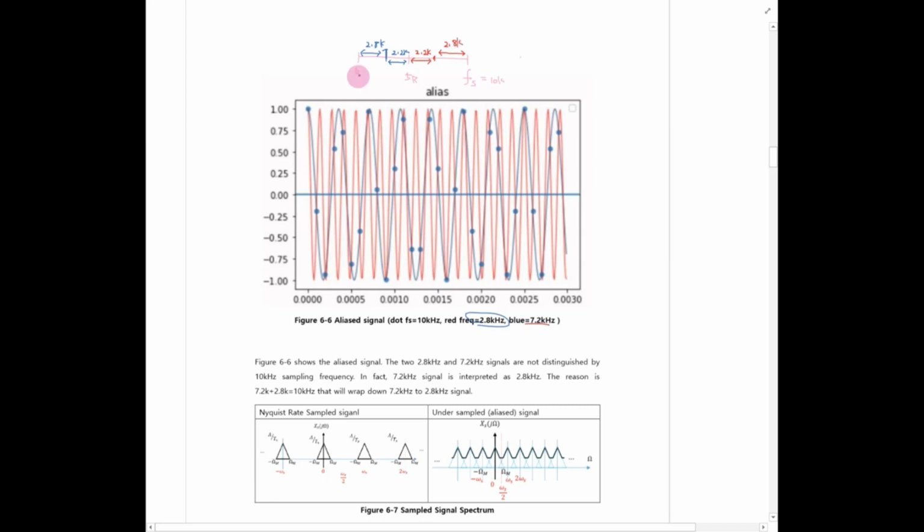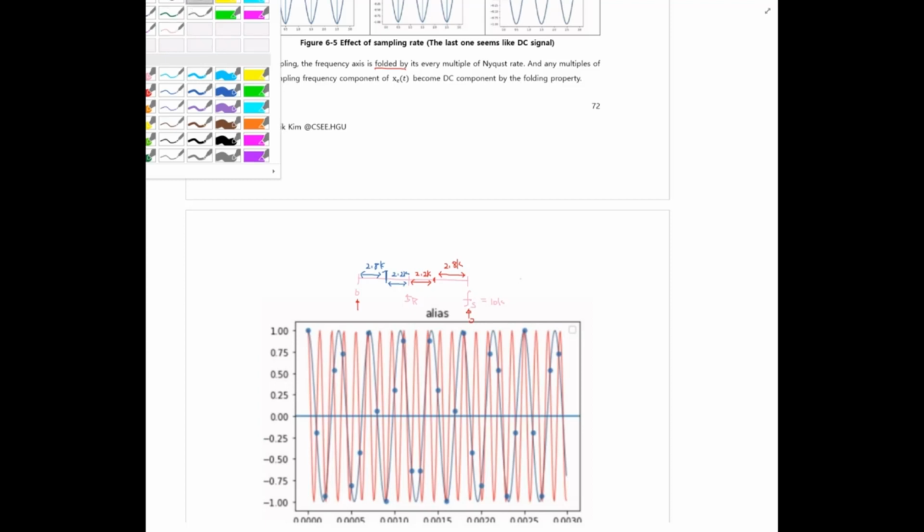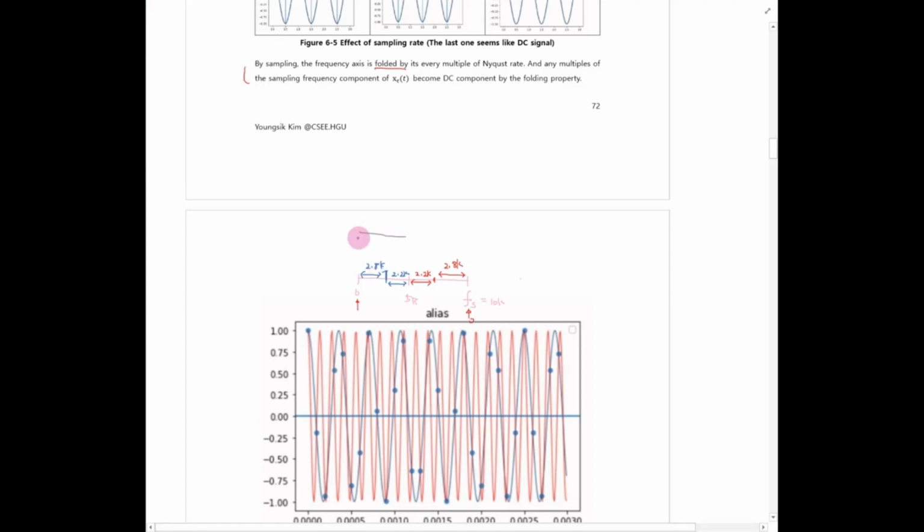I said that this is DC and this is the sampling frequency, but by the folding concept, this one becomes DC, another DC. You can think about the folding mechanism like this. This one is a DC, and here is 2.8k. The maximum frequency is 5k.